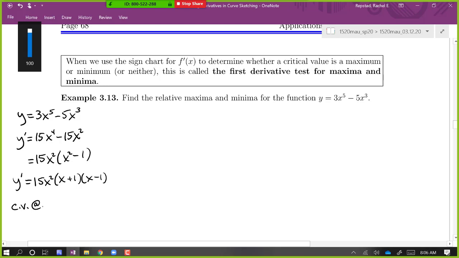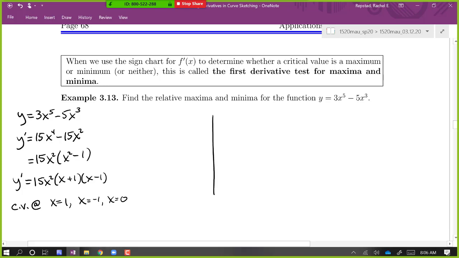X equals 1 and -1, x equals 0. Great. So I want those critical values. I've got the factors and the critical values, which means now I can make my sign chart.